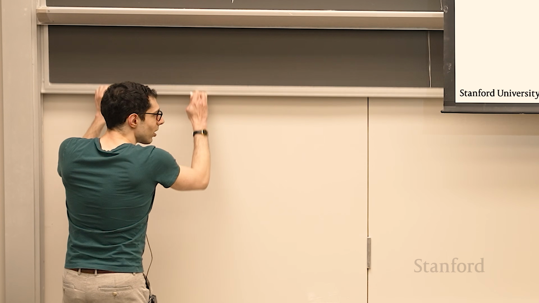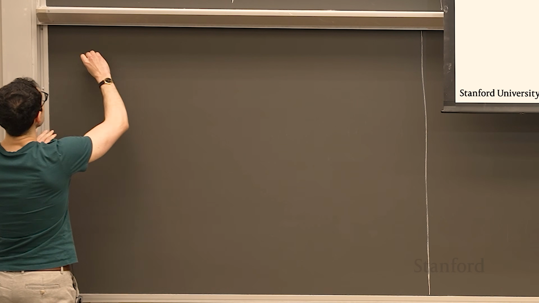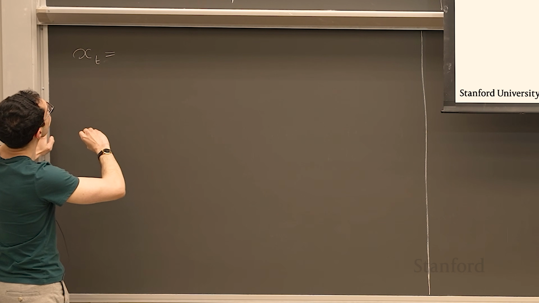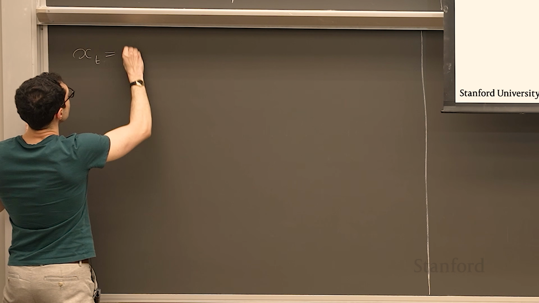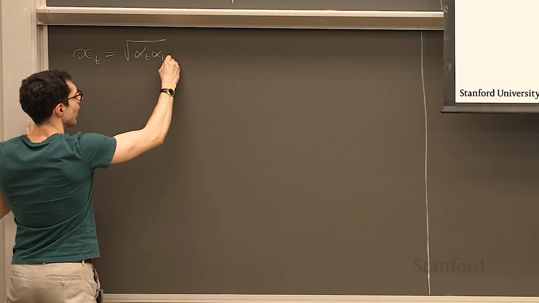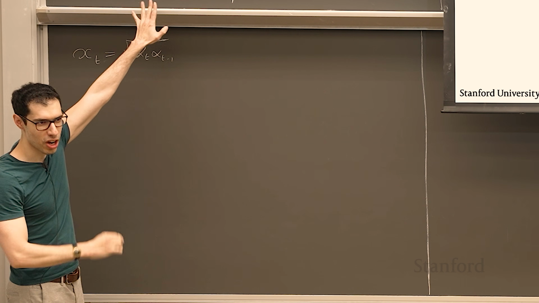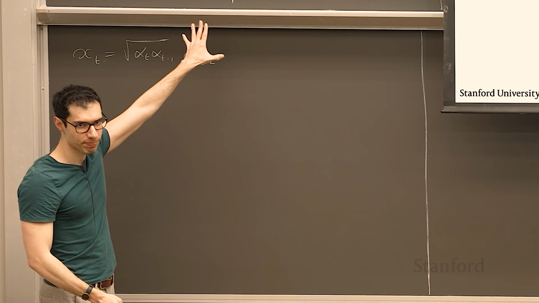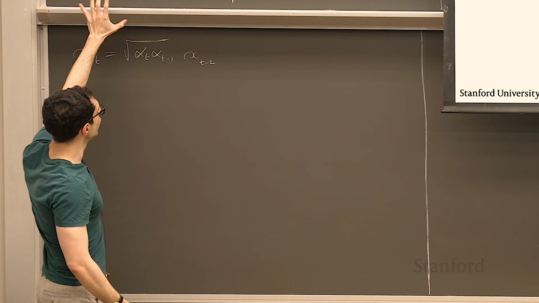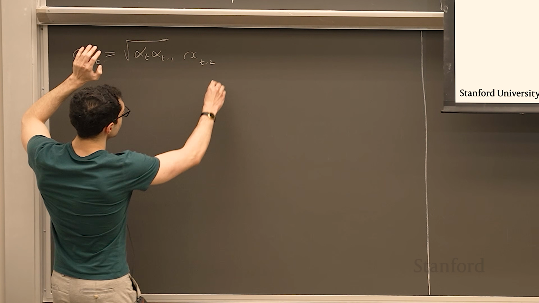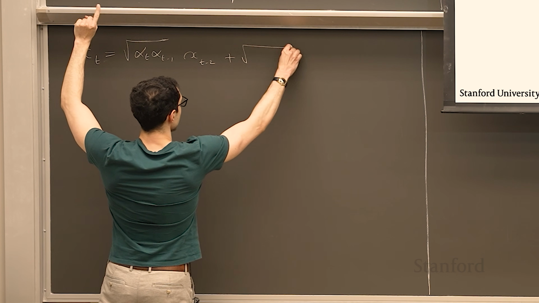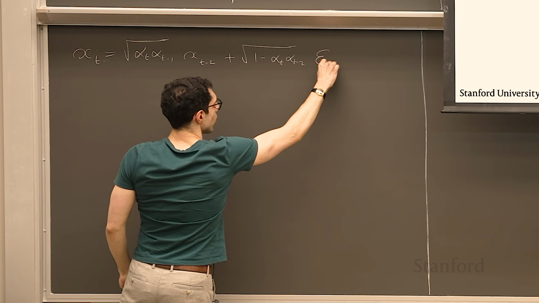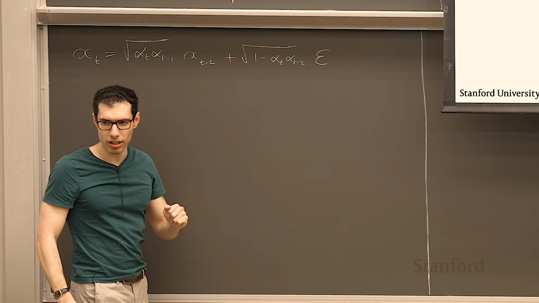So what does that mean? That means that x t is equal to square root of alpha t minus 1, I'm just copying what is above, times x t minus 2, plus the standard deviation of this one, which is square root of the variance, times a random variable that is drawn from the normal distribution.